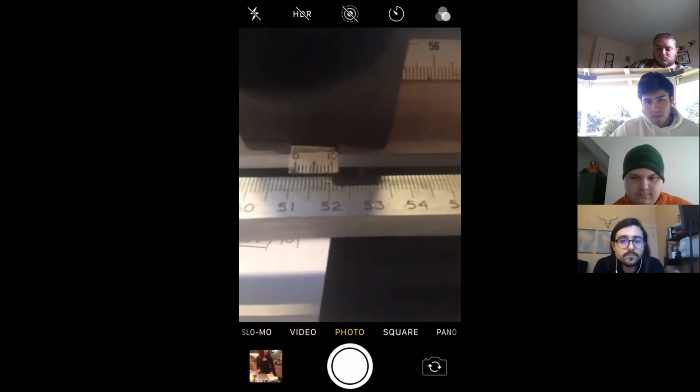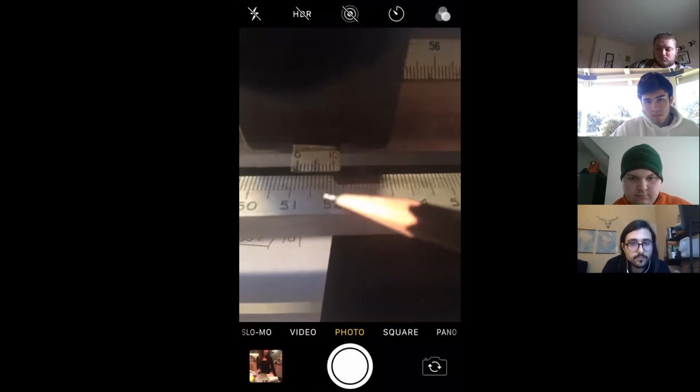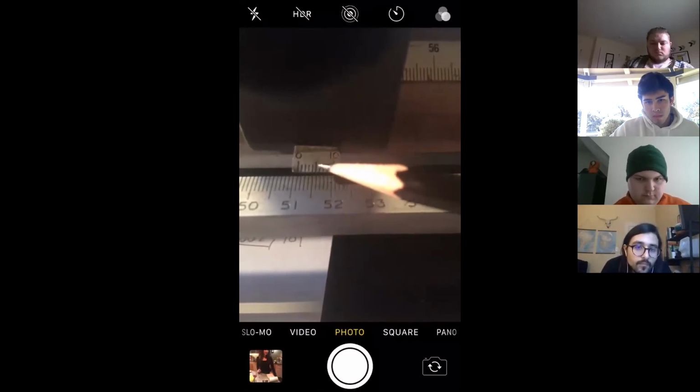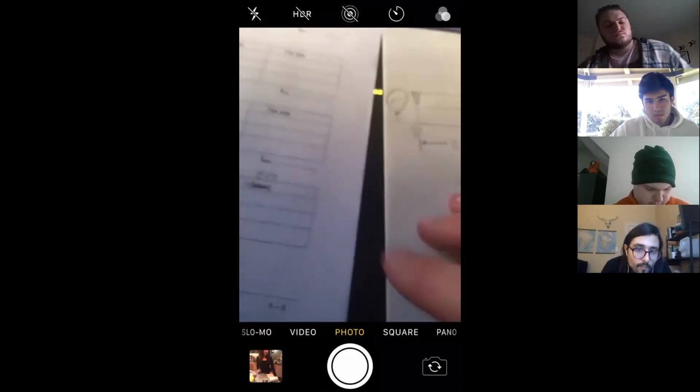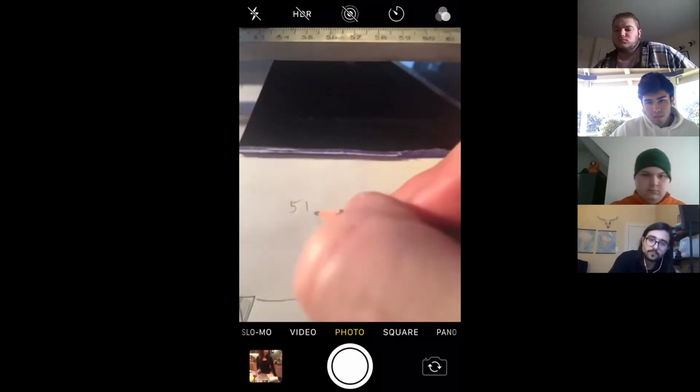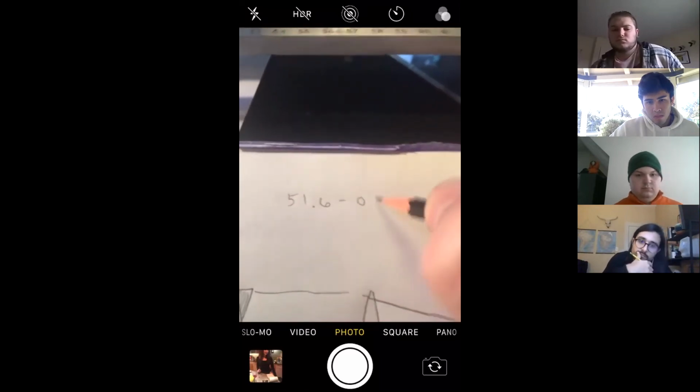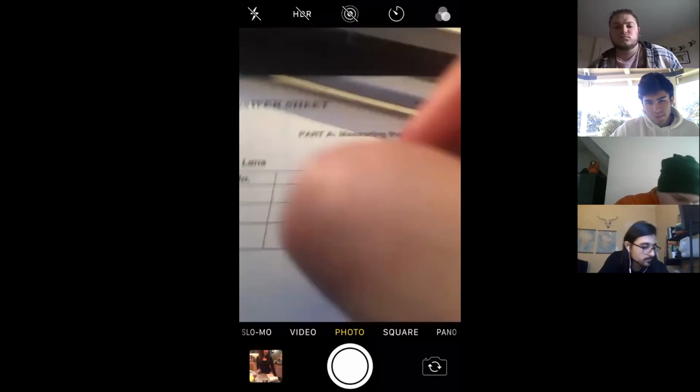Who said that? Was that Joel? Yes, Joel. Yeah, 51.6, because that middle line there is at 51.6. So for S, 51.6 minus 0, the interval and the coordinate are the same, right? So let's write that up here.